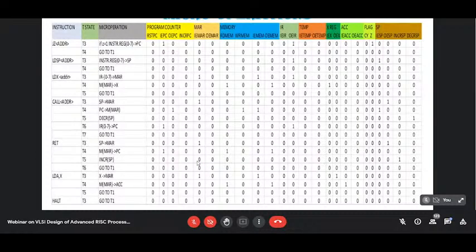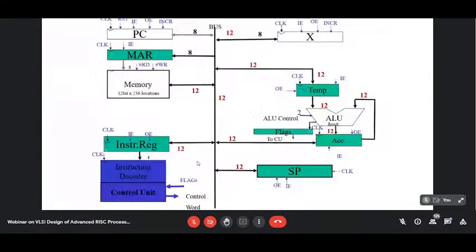The basic intention is to write the micro operations for each instruction, form this table, write the control signals as 1 or 0, and from that you generate the Boolean expressions. Once again, I'm telling you: from the instruction set architecture, make this schematic diagram, which is very simple. From the schematic diagram, you draw the micro operations, form the table, then the Boolean expressions. That's what it is.